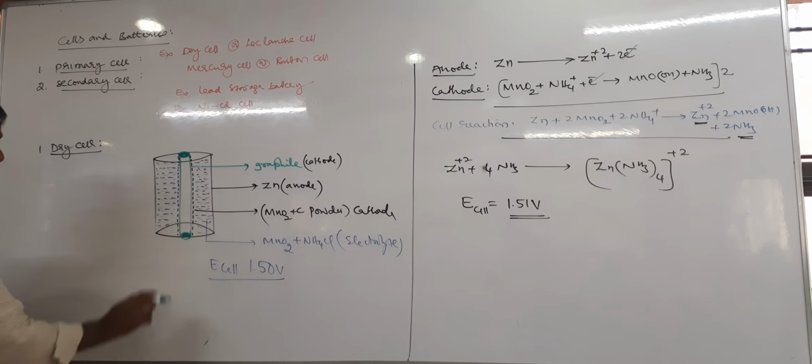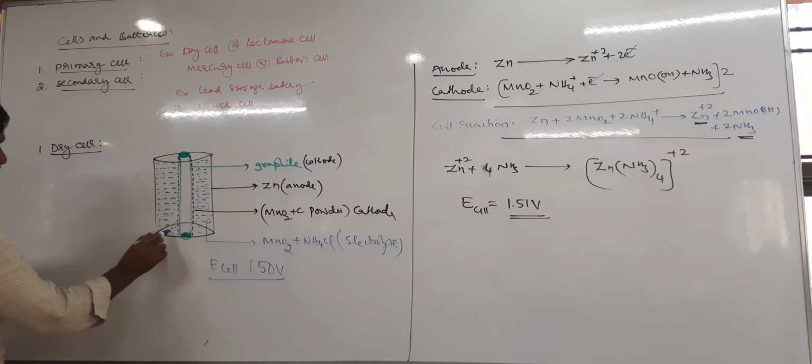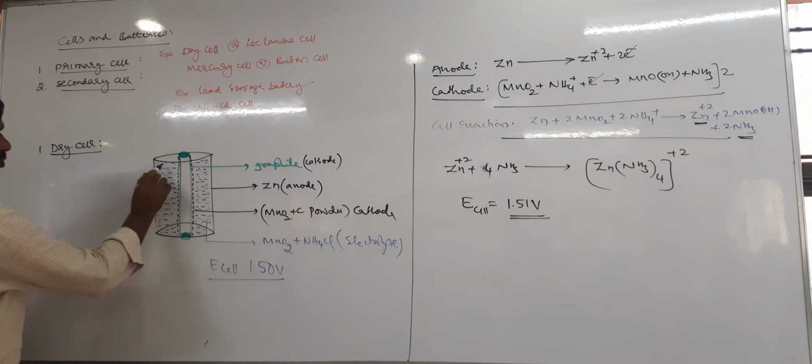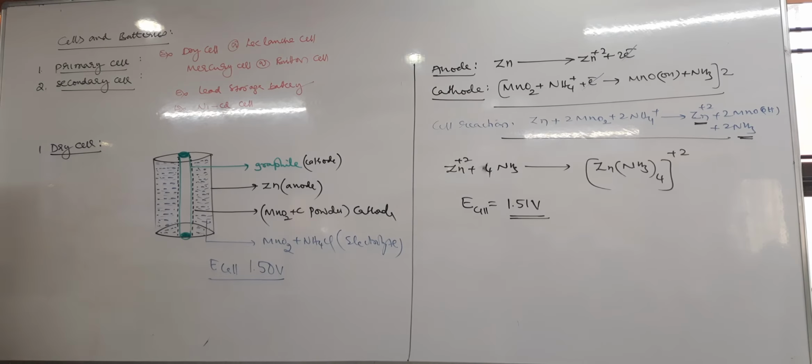Electrolyte. Which acts as the electrolyte. Then take the reaction at the anode, the cathode, the cell reaction, and the cell potential.